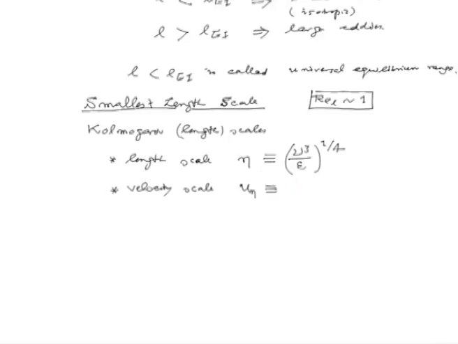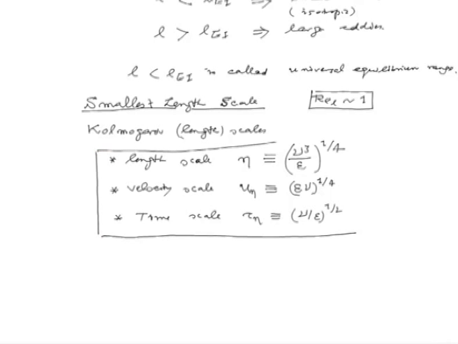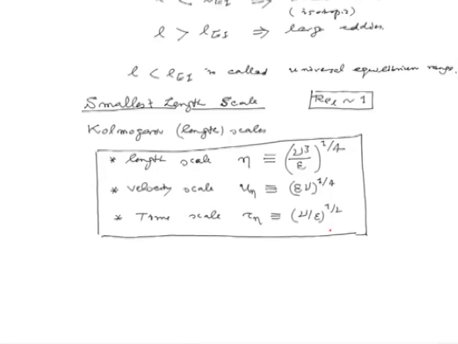This was defined to be epsilon nu to the power 1 by 4, and the time scale linked to the smallest eddy, tau eta, was defined as nu by epsilon to the power half. You can do simple algebraic calculations and find out what the Reynolds number based on this length scale and time scale would be. What is the order of that Reynolds number?